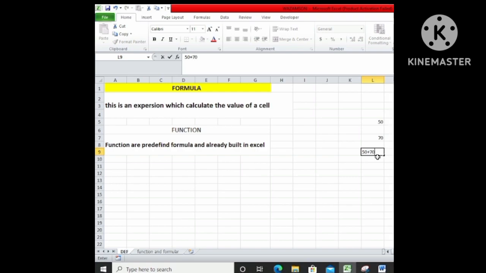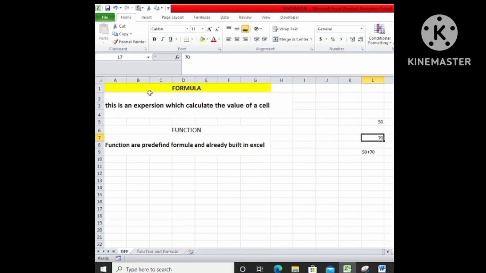No, you can't get the answer. Excel does not calculate this way. Excel only recognizes cell reference and not the content in the cell. So if you are asked to sum this, you want to say L5 plus L7. That is how Excel recognizes reference. But when you go to practical, you are going to see what we are talking about here.